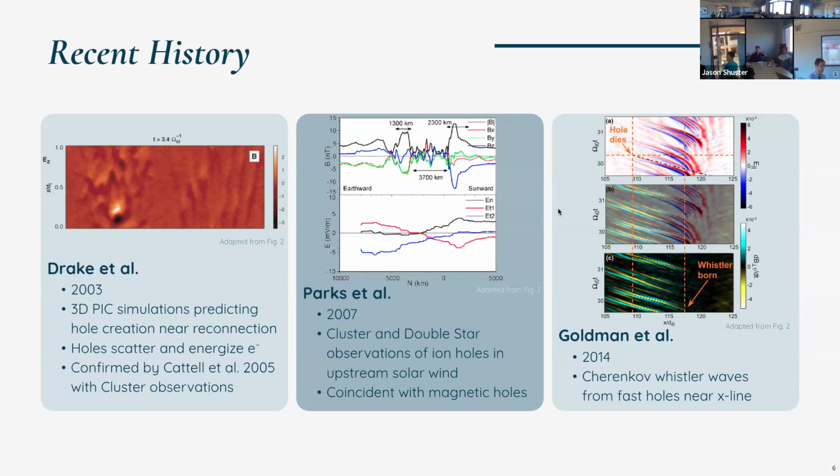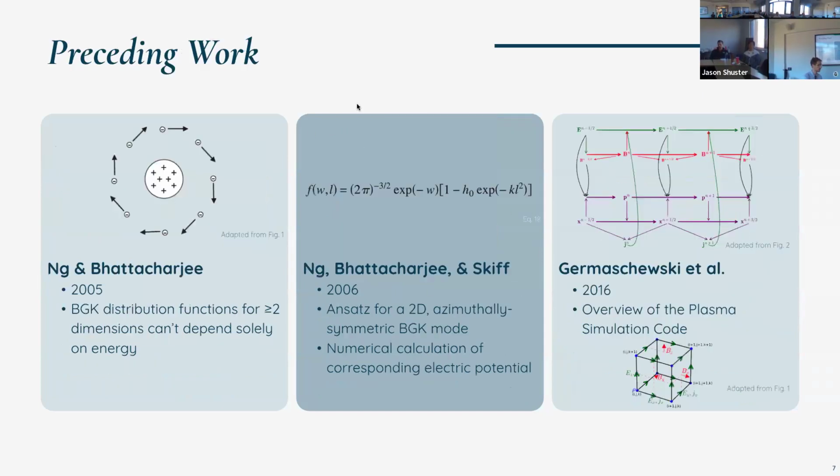So I thought that was cool. And this is happening near the X lines of magnetic reconnection. So you can basically use these holes, or the whistler waves created by them, as signatures for when you're near reconnection.